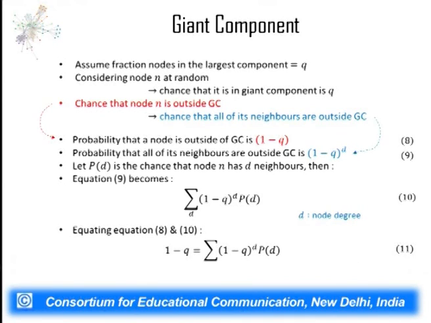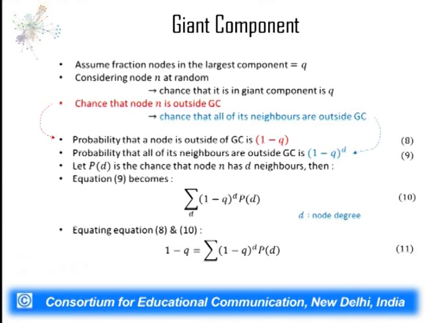Then p_d is the chance that a node n has d neighbors. Since we are dealing with Poisson random graphs, we take the formula 1 minus q to the power d, previously calculated in equation 9, and p_d is the distribution, so we multiply them and equate it with 1 minus q, because equations 8 and 9 are two different ways of saying the same thing.